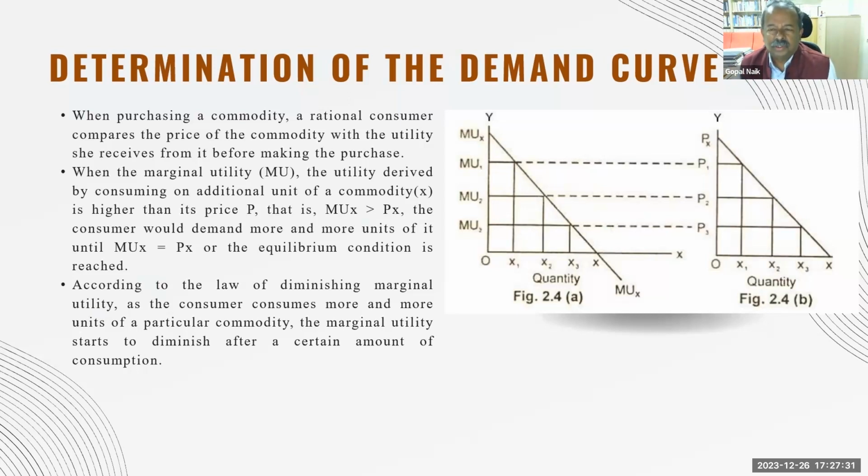So that marginal utility is what you have, and you convert that into some kind of monetary value. And that monetary value, you compare it with the price and say whether the marginal utility is greater than price, or less than price, or equal to price. So you keep on buying that particular commodity till the marginal utility is equal to price. So that's why you will also see that the demand curve is sloping downwards. So this is the typical demand curve that you could see in most commodities.